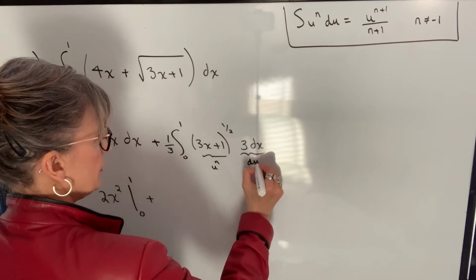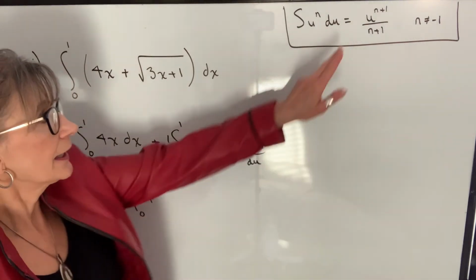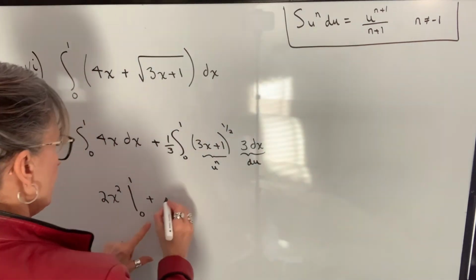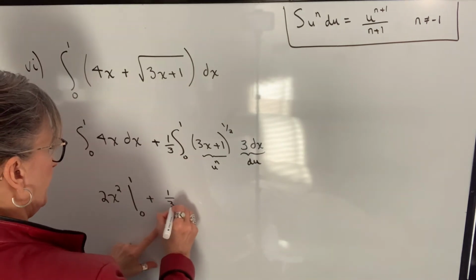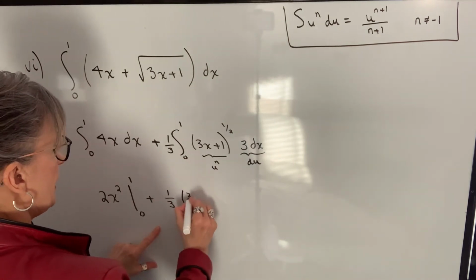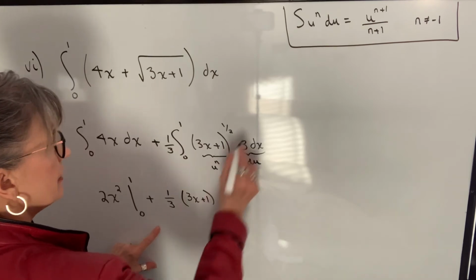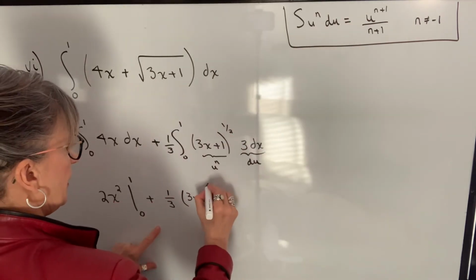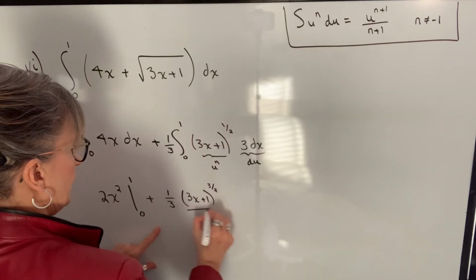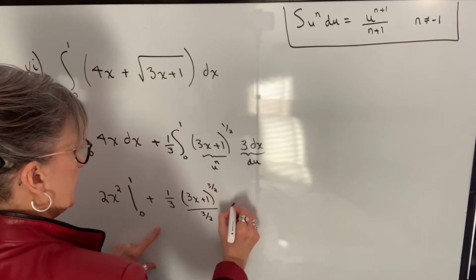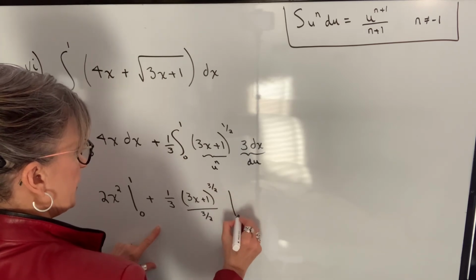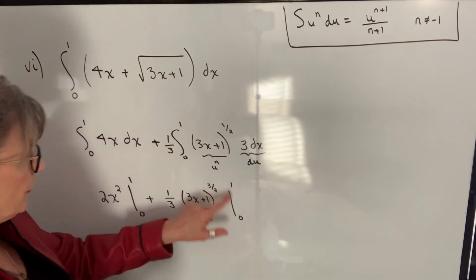Now that I have my du factor and it's exact, I can plug into my formula. So this will be 1/3 u, which is 3x plus 1 to the n plus 1, so 3/2, divided by 3/2. And again, I'm going to indicate that it's a definite integral with that line.